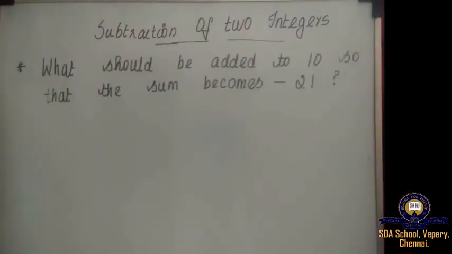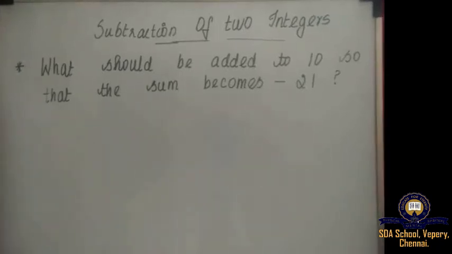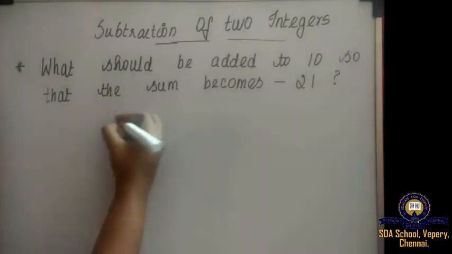What should be added to 10 so that the sum becomes minus 21? So they are asking what number should be added to 10 so that their sum will become minus 21. So let us consider the number to be x.